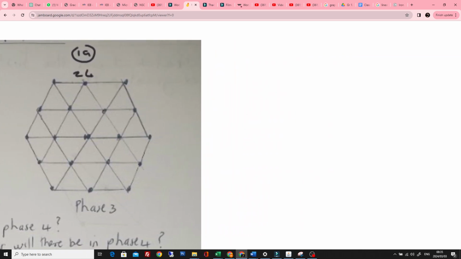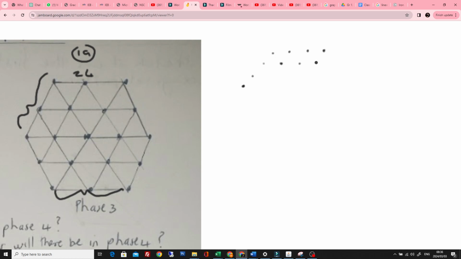So the first question is to predict the amount of dots and triangles in the fourth shape. One method I can obviously do is see that this third shape has 3 little dots in this direction and 3 dots as the base. So I can do something similar with 4 dots, 1, 2, 3, 4 dots, and then I can fill out all the rest of my dots.